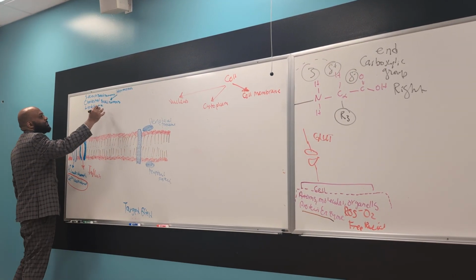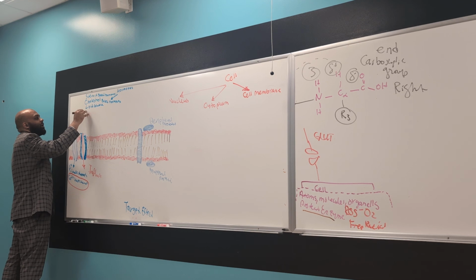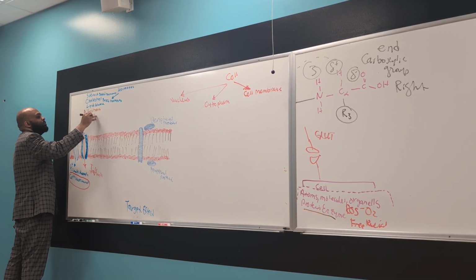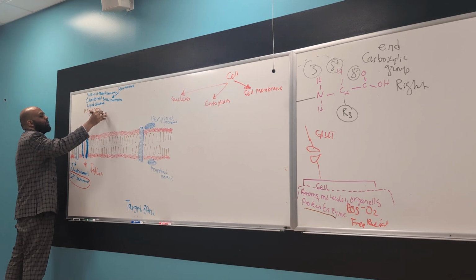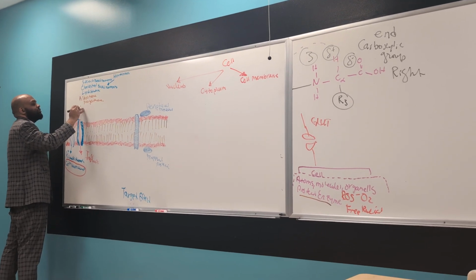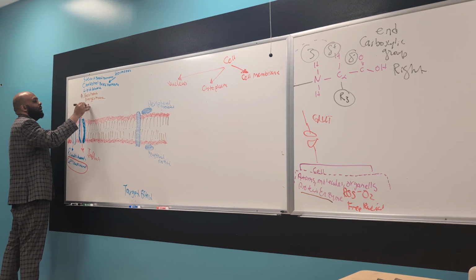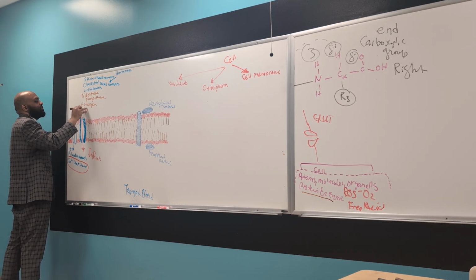An example of these steroid hormones is aldosterone, progesterone, estrogen, and testosterone.